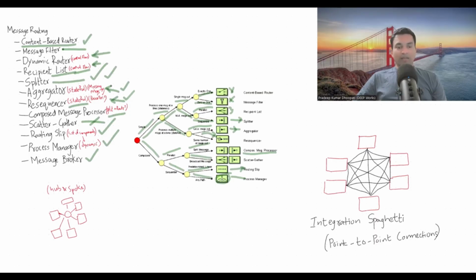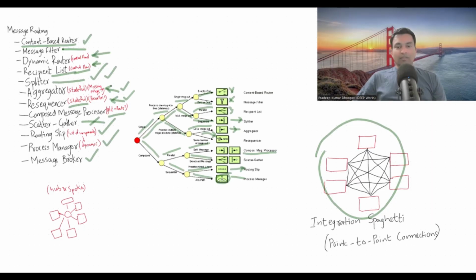follow a linear path. So with all these message routing patterns, at times your integration solution may become like this with so many point-to-point channels, and it can easily become an integration spaghetti, which is really hard to maintain and hard for new team members to understand.